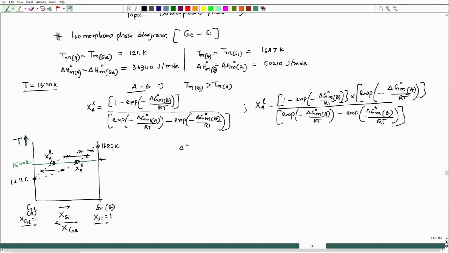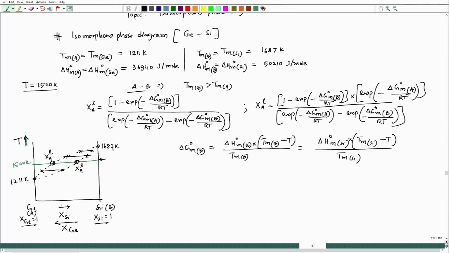We will need delta G naught M B, which is nothing but delta H naught M B divided by T M B into T M B minus T. So, I can write it as delta H naught M silicon into T M silicon minus T divided by T M silicon.